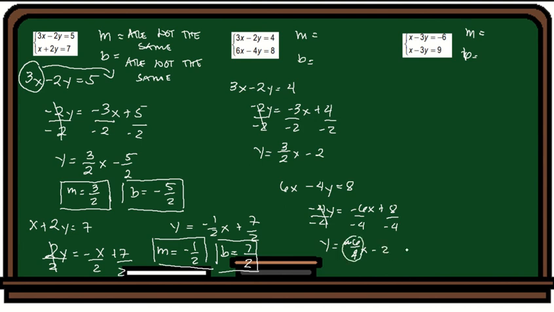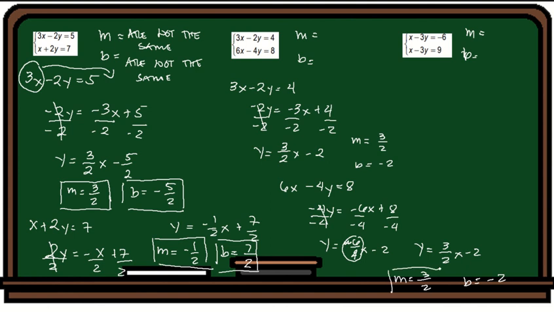Simplify this part, so you will have y is equal to 3 over 2x minus 2. So our m for this part will be 3 over 2 and our b is negative 2. For the second equation, our m is 3 over 2 and our b is also negative 2.